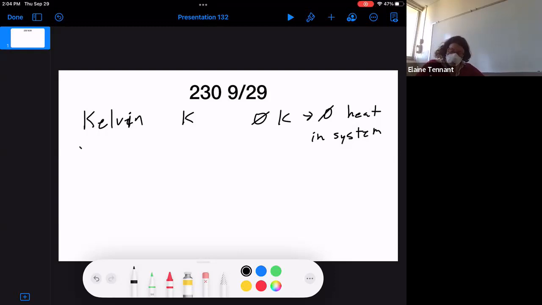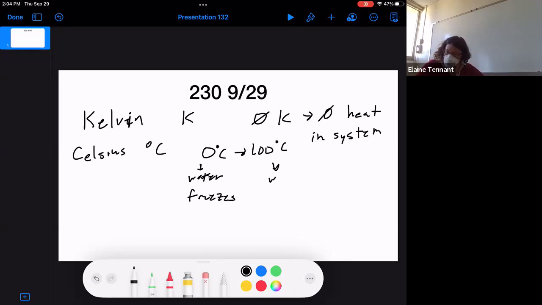Celsius is a good one. Based on 0 degrees is when water freezes, to 100 degrees, water boils. Good standard.